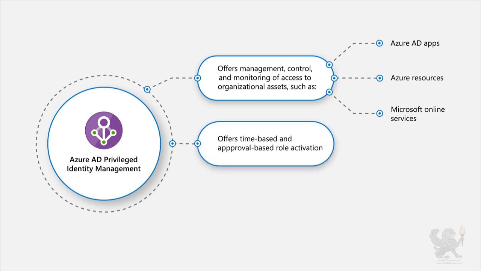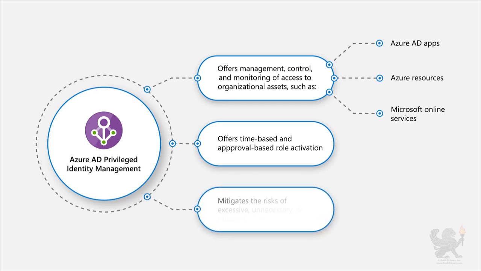PIM offers time-based and approval-based role activation to mitigate the risks of excessive, unnecessary, or misused access permissions on resources that you care about.